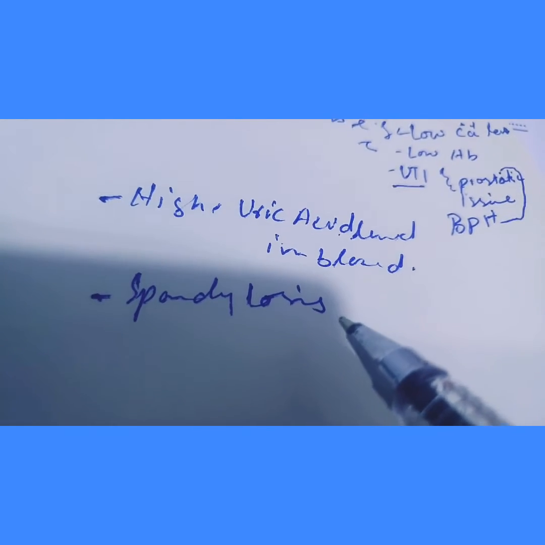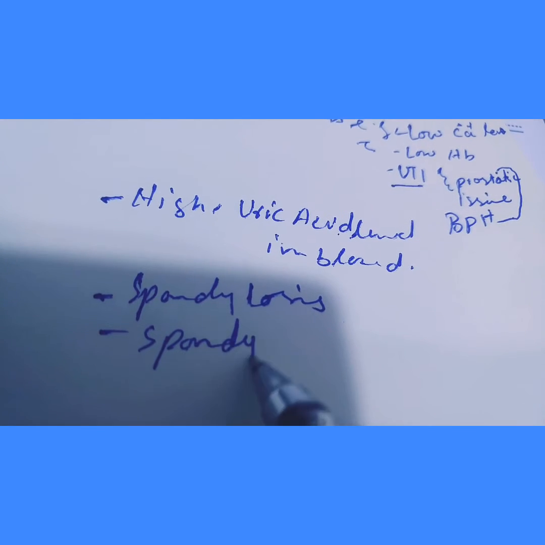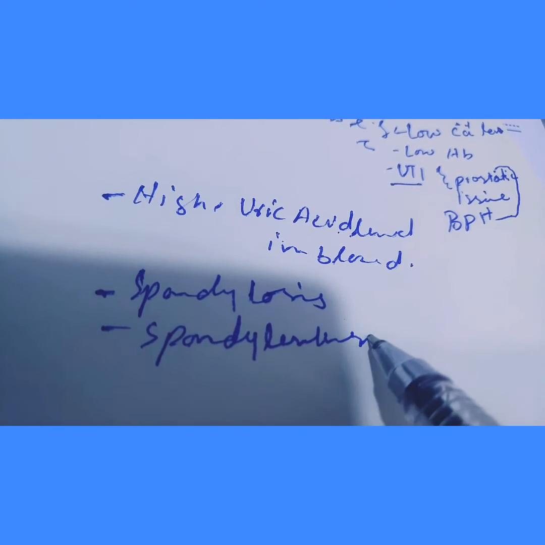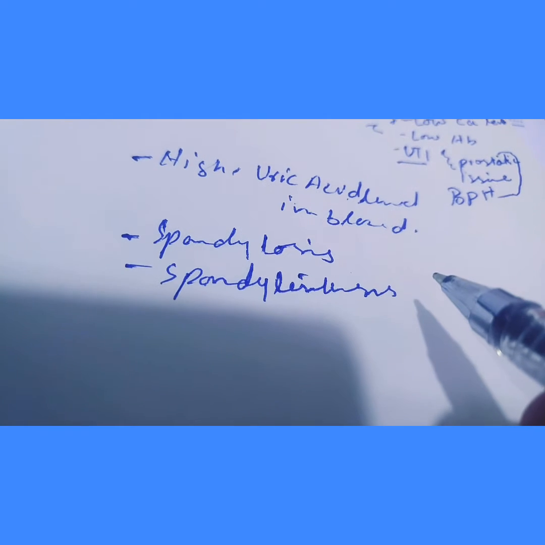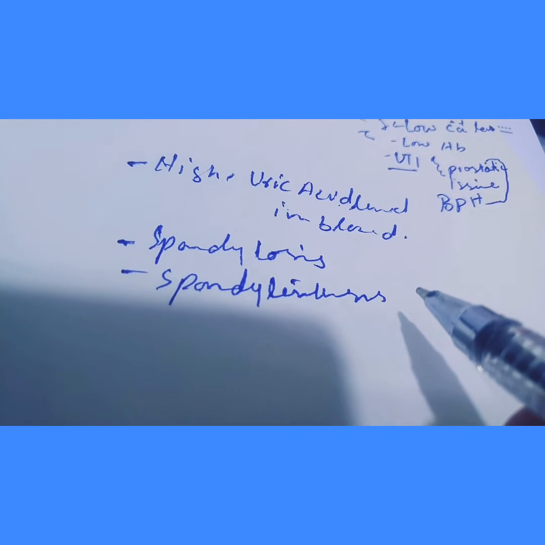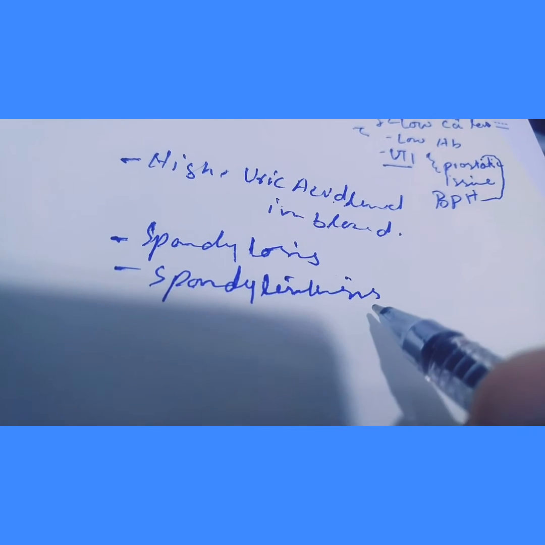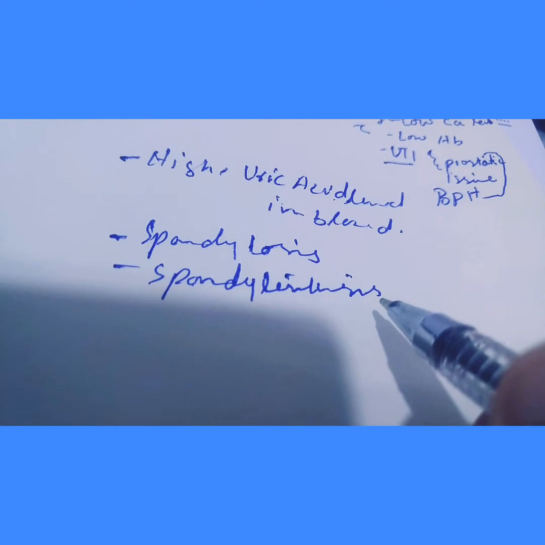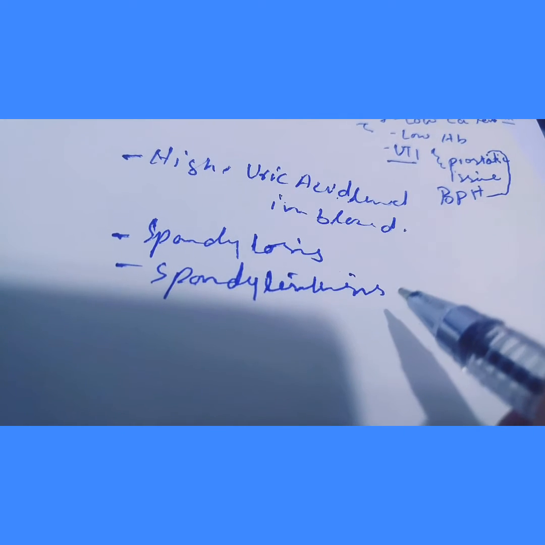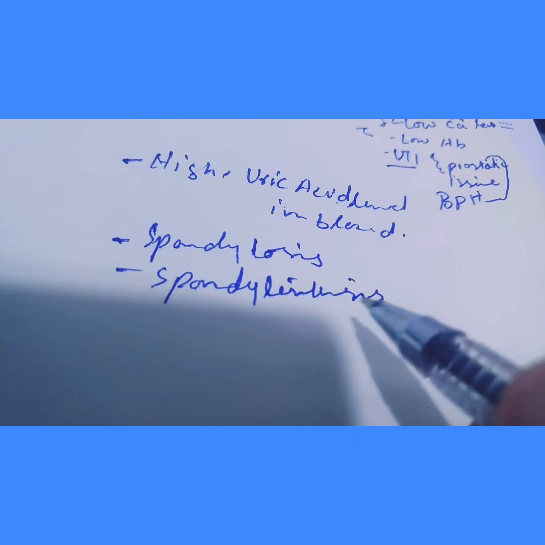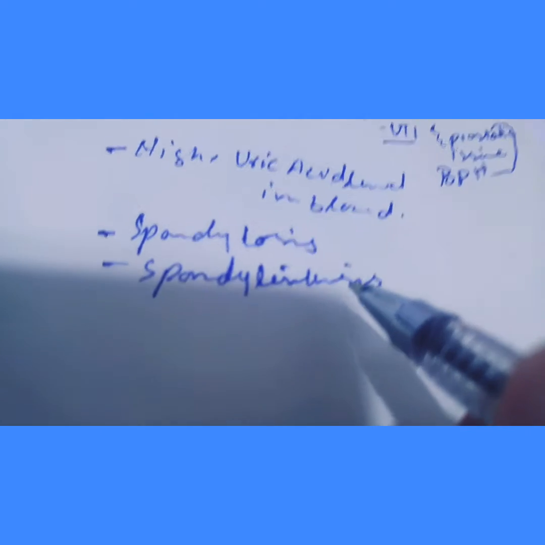This can also cause lower back pain, and spondylolisthesis, which is the slipping of L5 over S1, can also cause pain at the lower back. This can be due to any trauma or fall, or any force, a sudden pushing force. This will cause the spondylolisthesis.